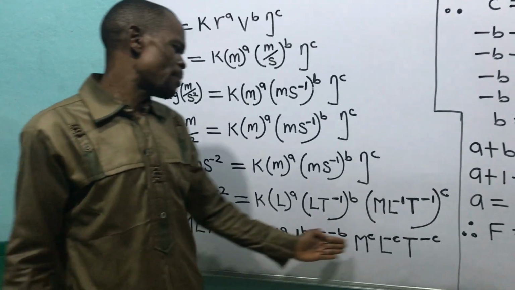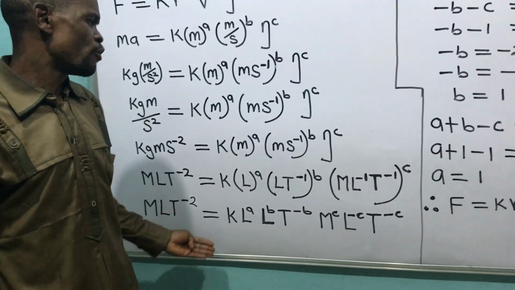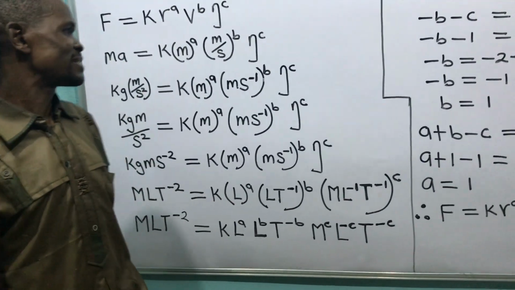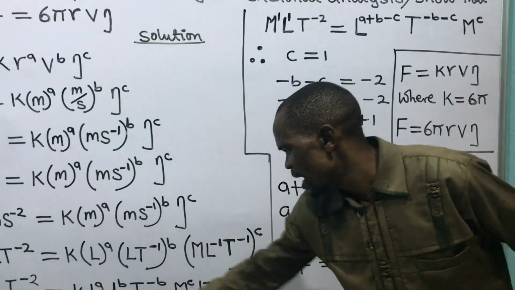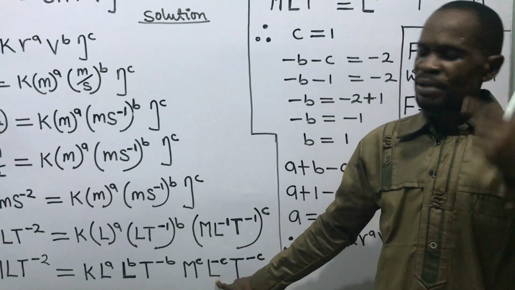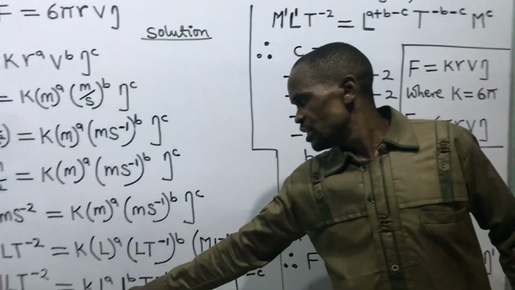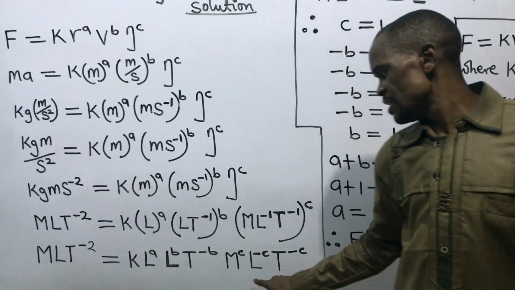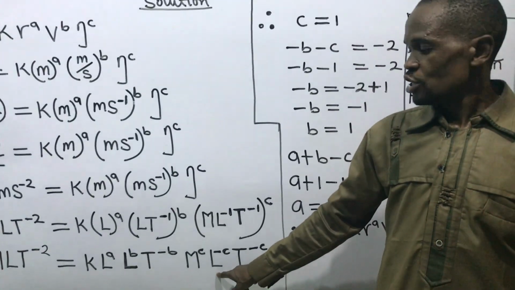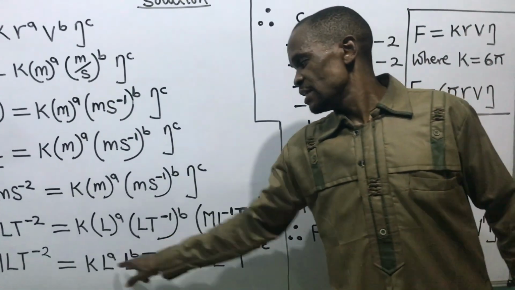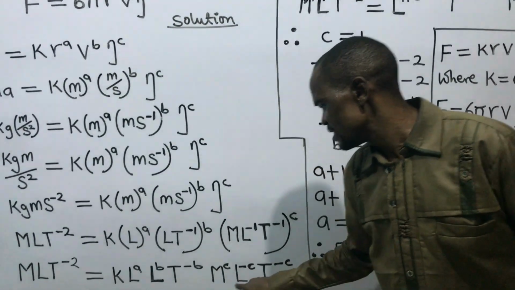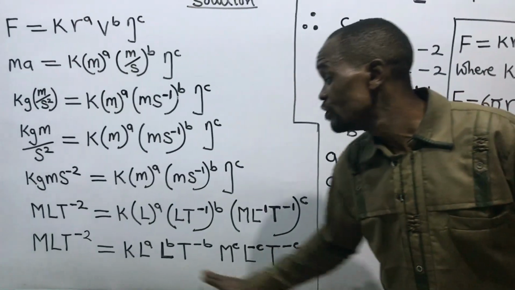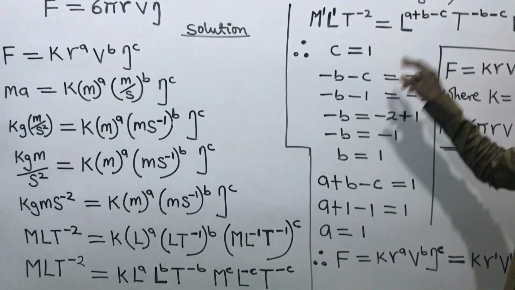Then all these are multiplying themselves. Therefore, we are going to collect the like terms. Since they are multiplying themselves and are of the same base, we add their powers.